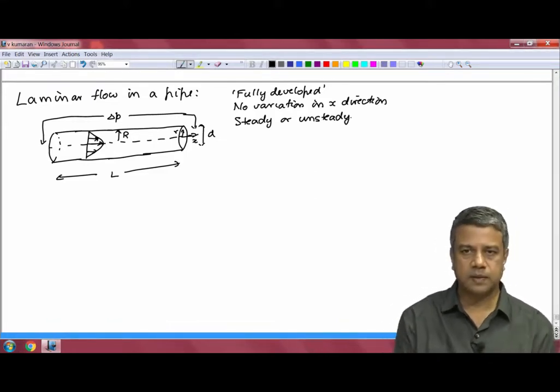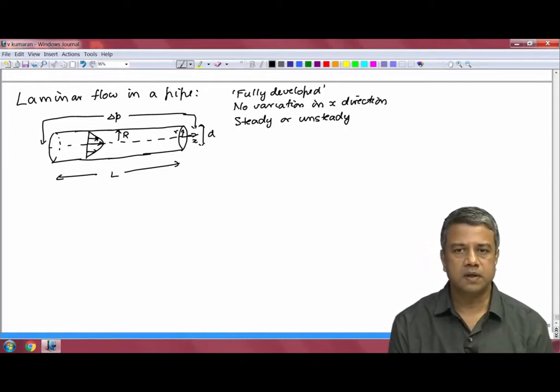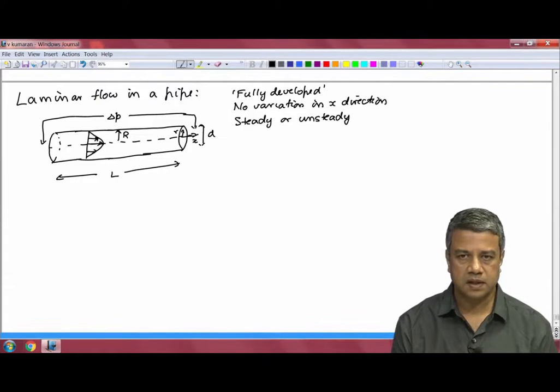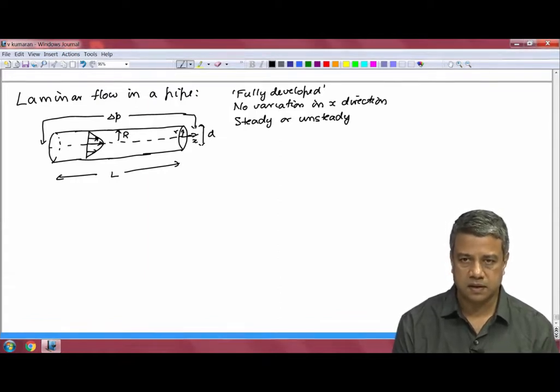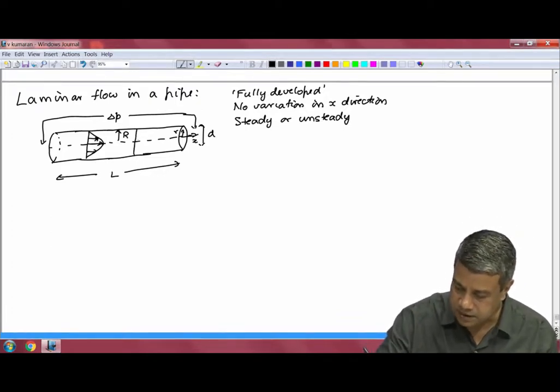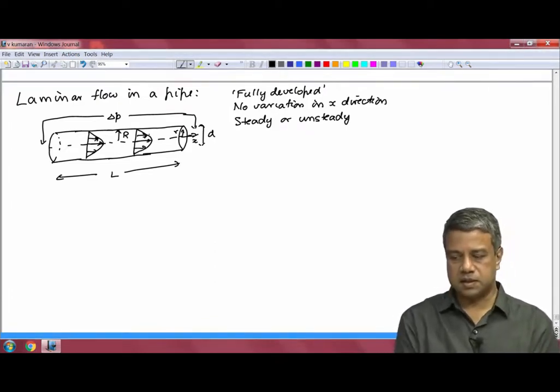That is, there could be a variation in time, but we assume that there is no variation in the x direction. That is, the velocity at any x location depends only upon r. It is independent of the x location. That is, the velocity profile is the same at all downstream locations. That is the assumption here.